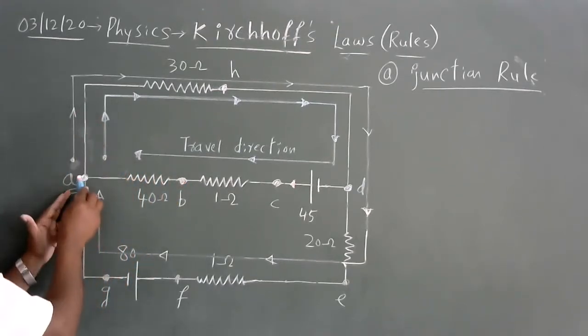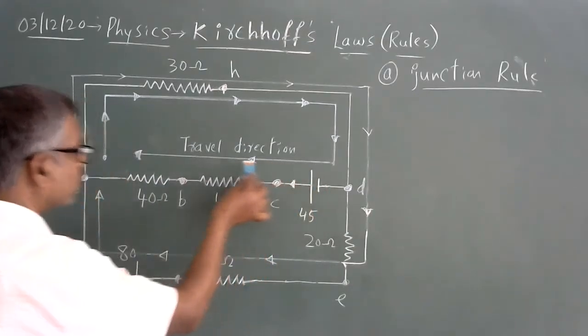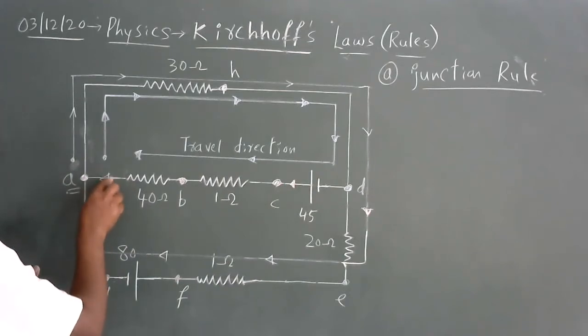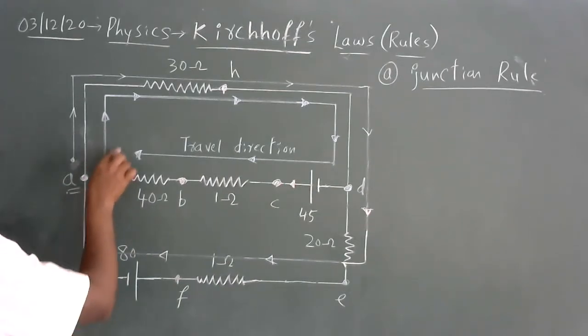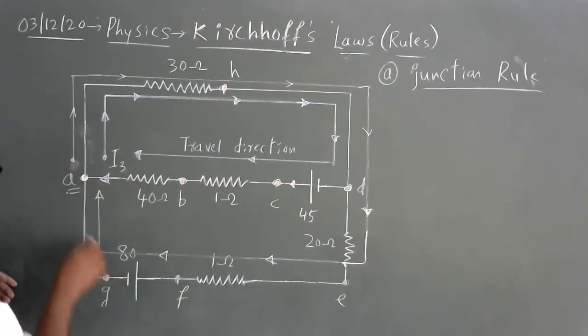Now, if current is flowing in this path, let I3, according to the textbook, be the current which is entering a junction.